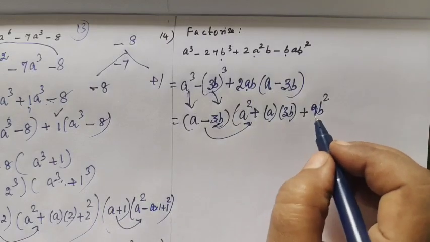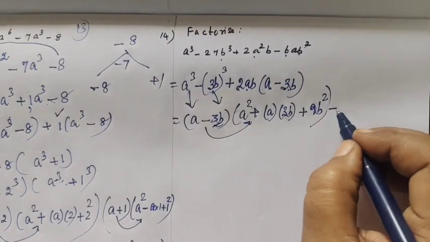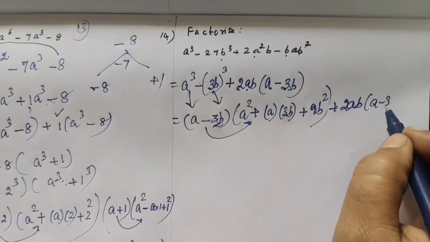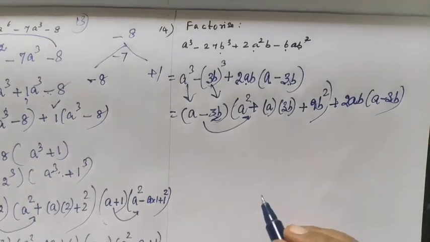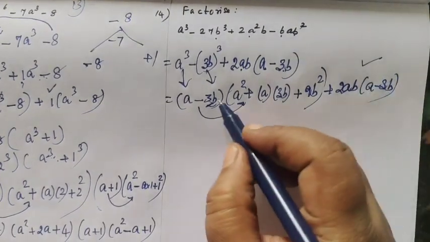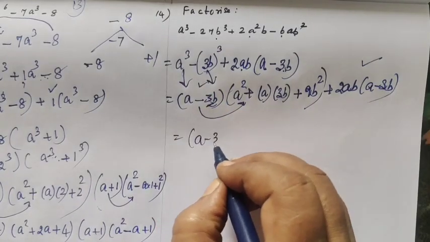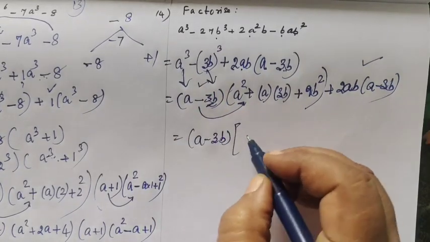When you square it, it is 9b squared, then 2ab into a minus 3b. Here a minus 3b is common, so take a minus 3b outside.